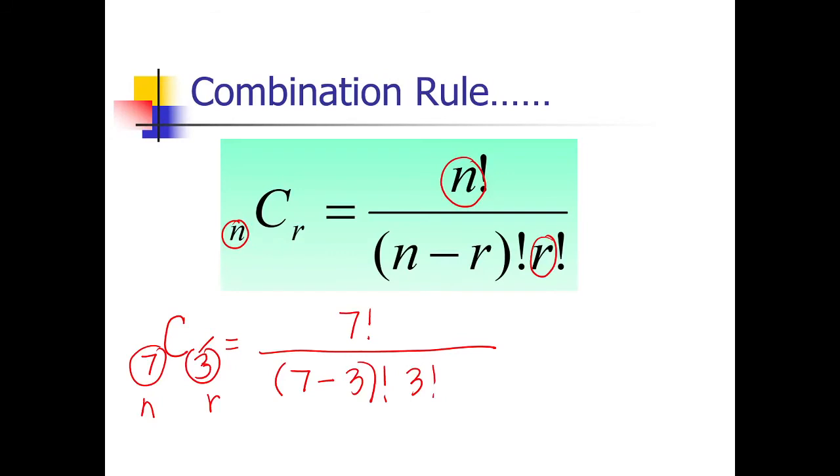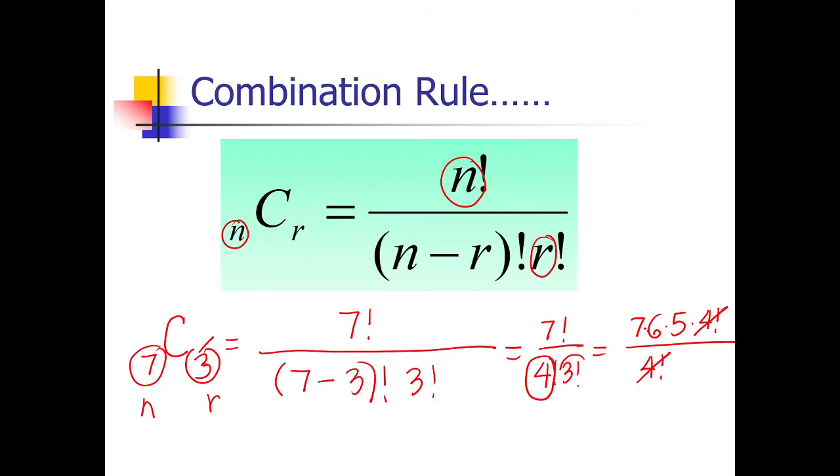Let's subtract first. So we have 7 factorial all over 4 factorial times 3 factorial. Now, look at this one. Asa mas dako, ang 4 o 3? Of course, 4 is bigger. So, I'm going to stop at 4. I mean, 7 times 6 times 5 times 4 factorial. Para makancel na nako.